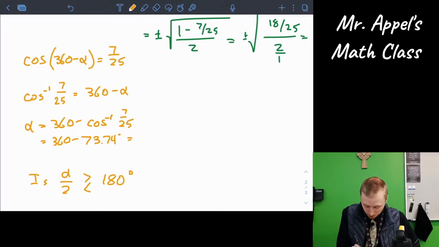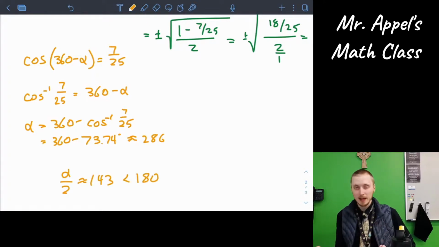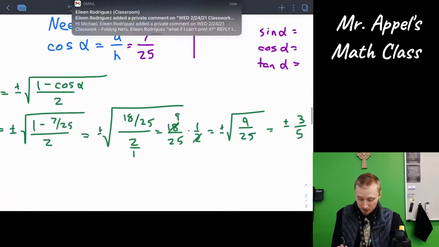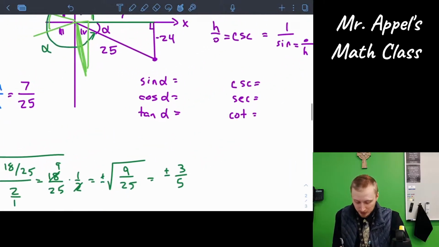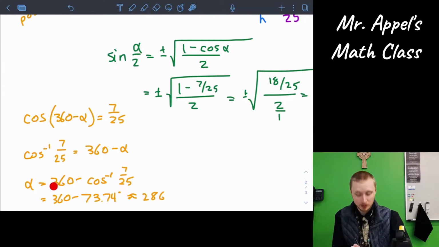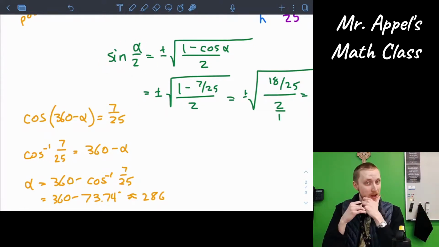Okay, so alpha is approximately 286, which means alpha over 2 is about 143, which is less than 180. It's in quadrant 2. All right, I don't need to be any more accurate than that, right? If we actually used this value to find these values, we would have some rounding error, and we don't want rounding error.